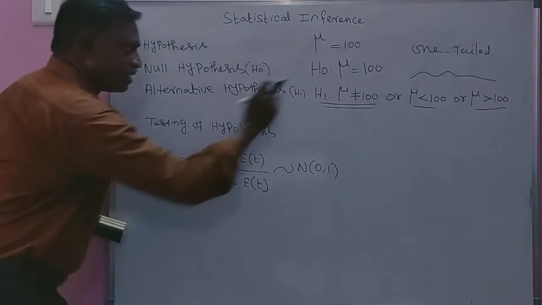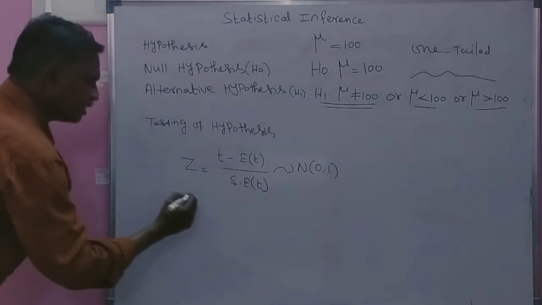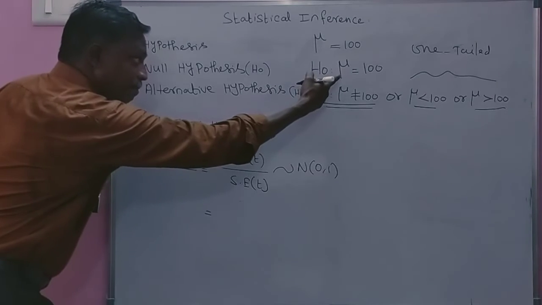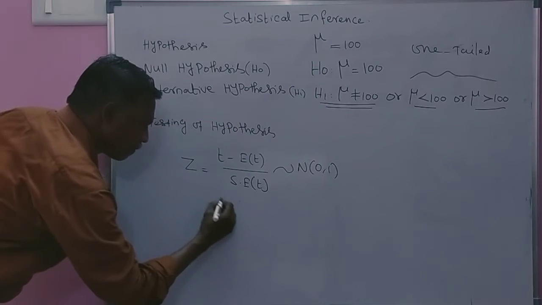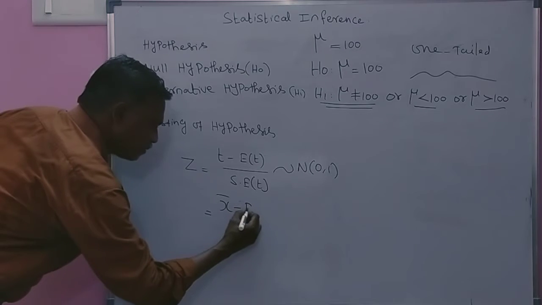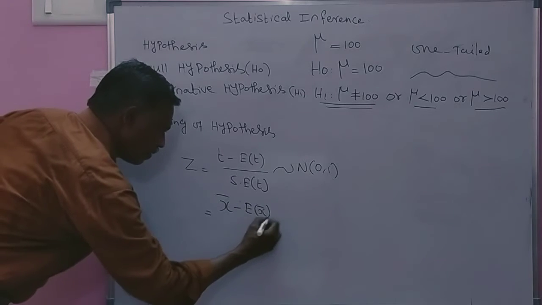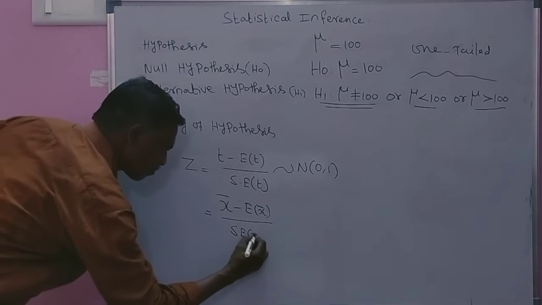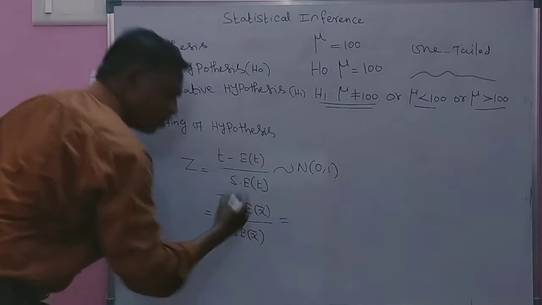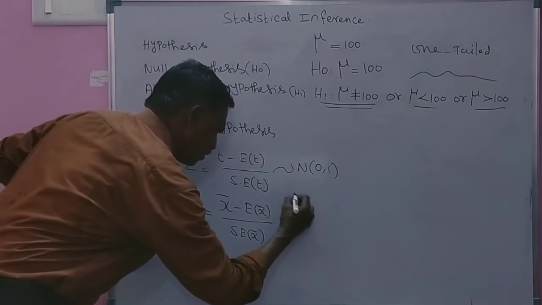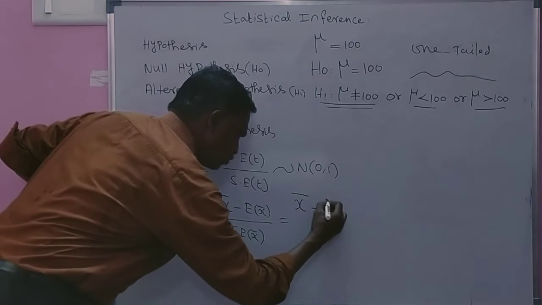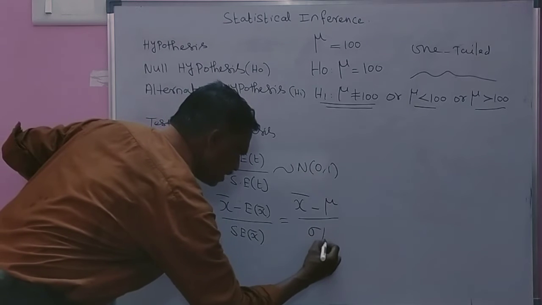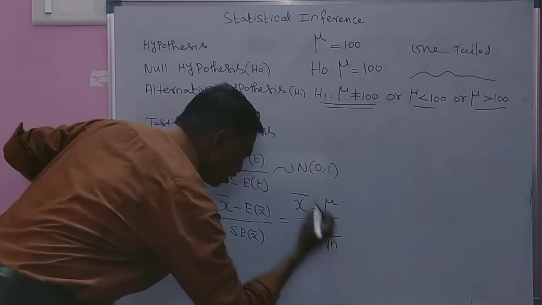So to test this hypothesis, where T is a statistic, the corresponding statistic is x bar minus expected value of x bar divided by standard error of x bar. This equals x bar minus mu, the population mean, divided by sigma by root n, since the expected value of x bar is mu and the standard error of x bar is sigma by root n.